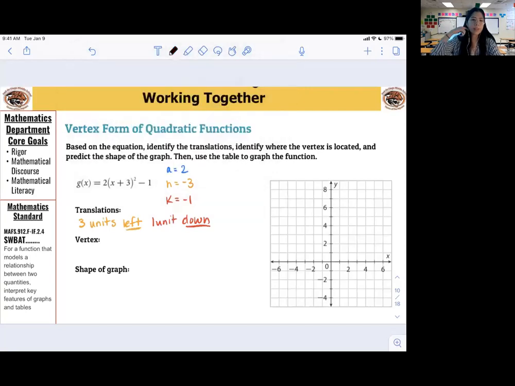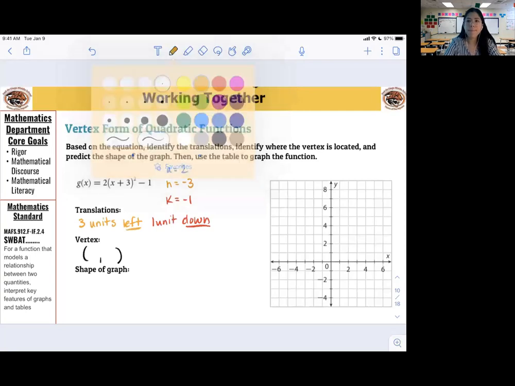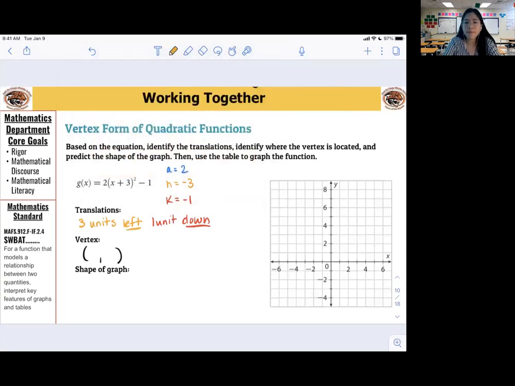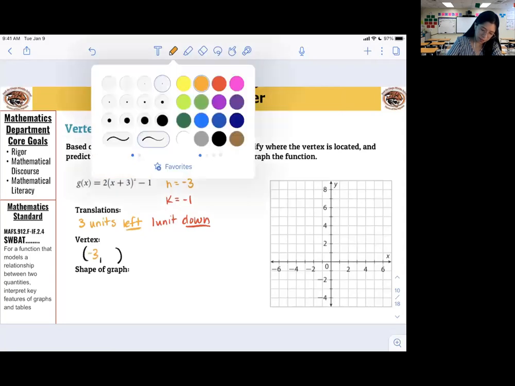David, where's the vertex? -3 and -1. Good. -3, comma, -1.